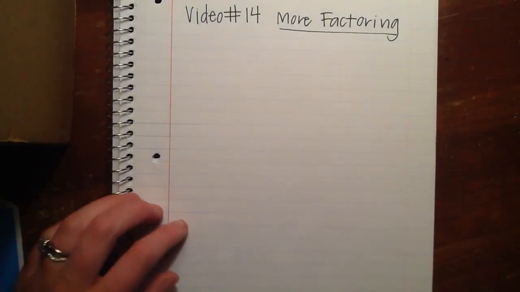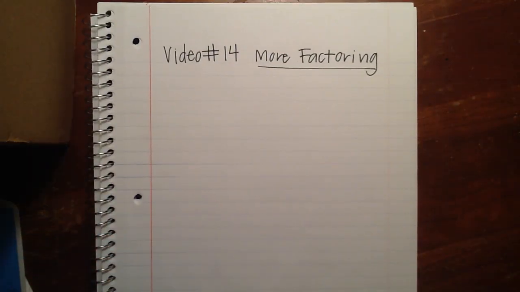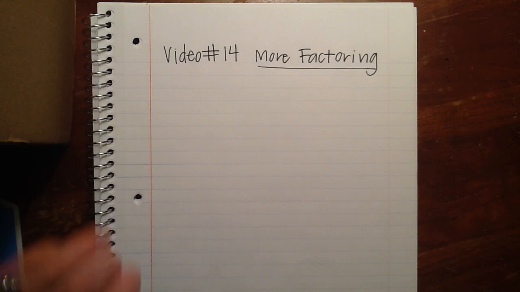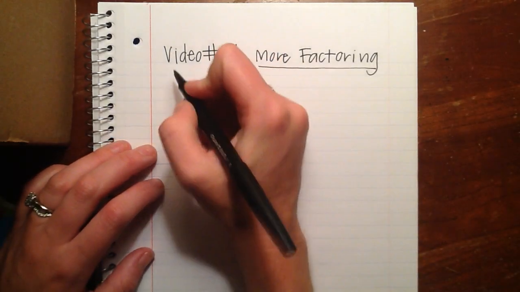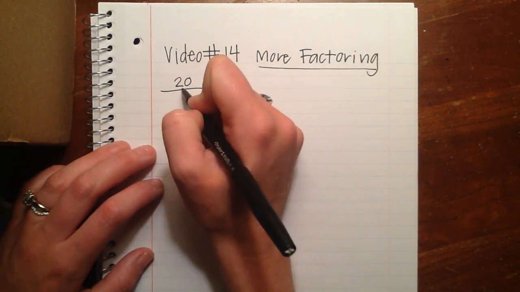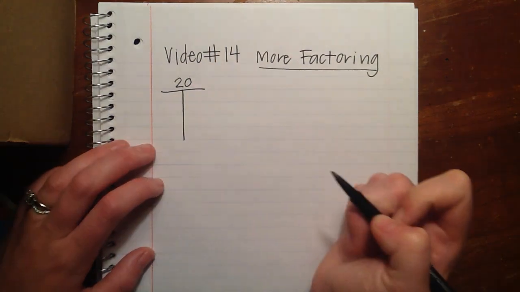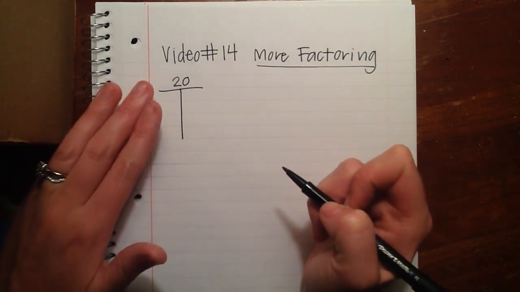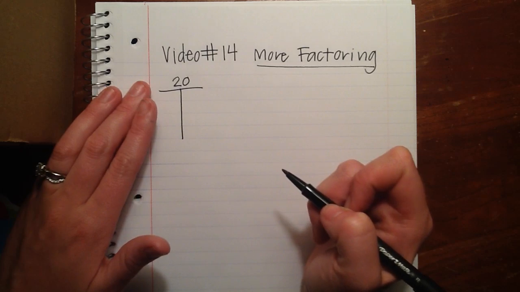Now let me go ahead and tell you. If you Google this, YouTube this, you're not going to find this because this is the true Margaret Gregg realization of how to do this. Say I had the number 20. I'm going to put it in a T. So I put the 20 at the top. 20 is my factor.